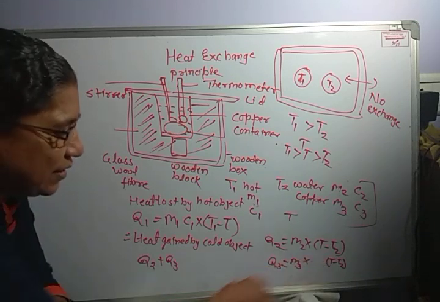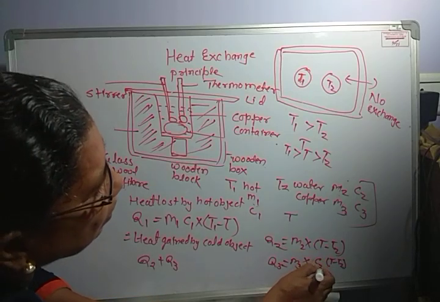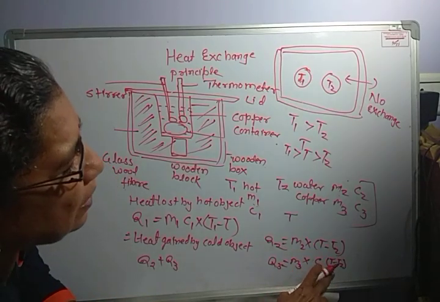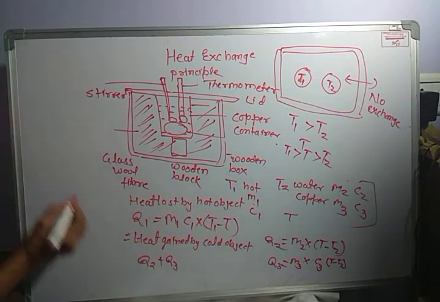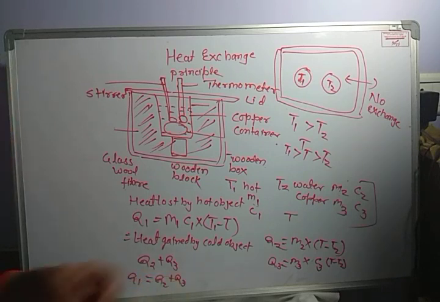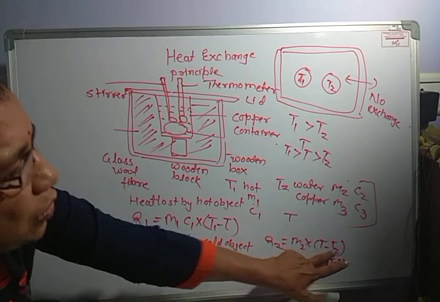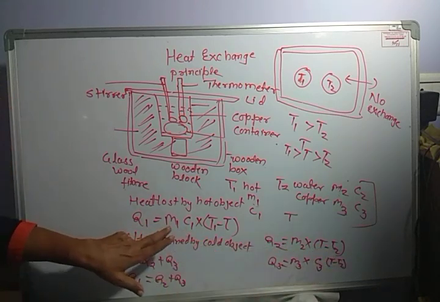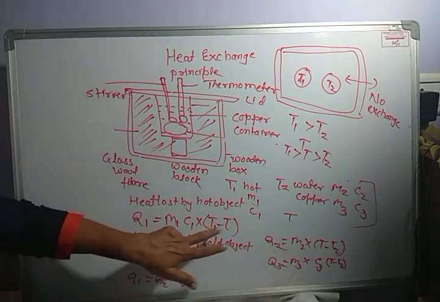Here we have to find C3 and T minus T2. If we equate all the values, that is Q1 = Q2 + Q3, we can find the value of C3, because m1 is known, T is known, T2 is known, C1 is known, m2 is known, and T1 is also known.